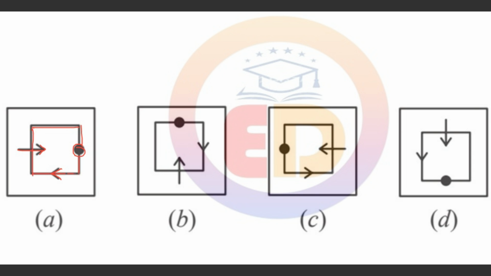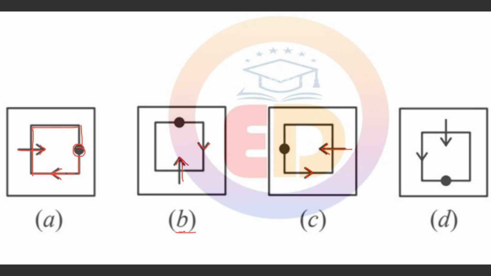Now if you notice, both the arrows are facing towards each other or opposite to each other. In option A, in option B also, the arrows are in opposite direction to each other. In option C also, they are in opposite direction to each other.